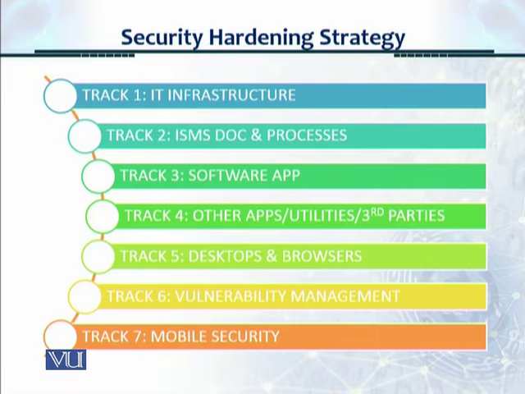So we divide the project into tracks which run in parallel, and you do the hardening of these tracks in parallel. IT infrastructure, ISMS documentation and processes, software applications. Track 4 would be, for example, the ERP system. Track 5, desktops and browsers. Track 6, vulnerability management. And track 7, mobile security. So you structure the project so you can keep track of the activities.